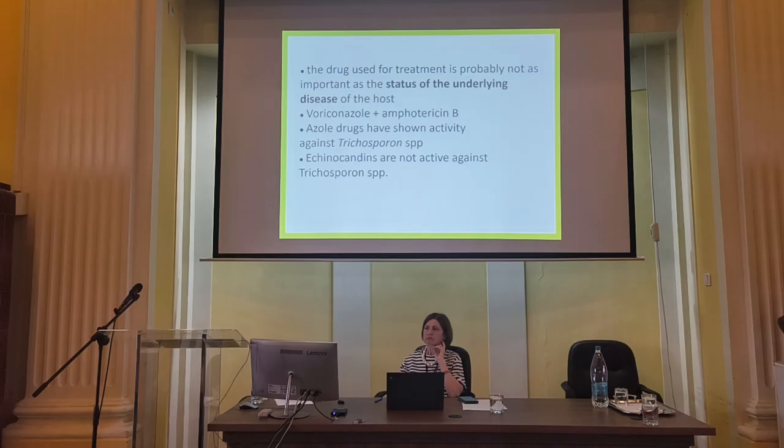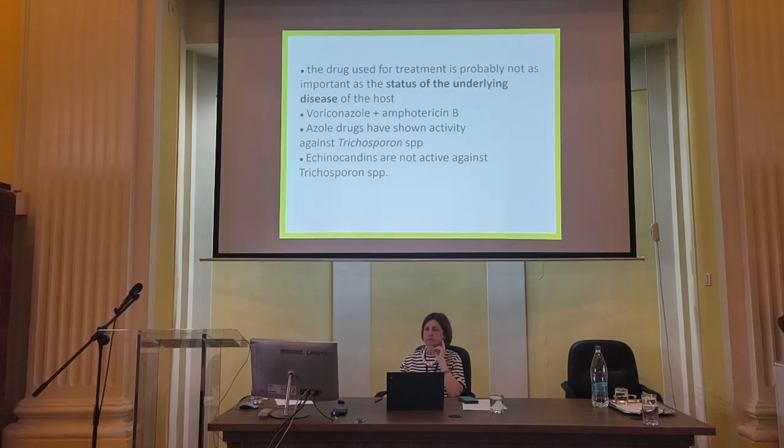Clinical experience in the treatment of trichosporonosis suggests that patient outcome often depends more on the underlying disease and immune status of the host than on the antifungal agent itself.